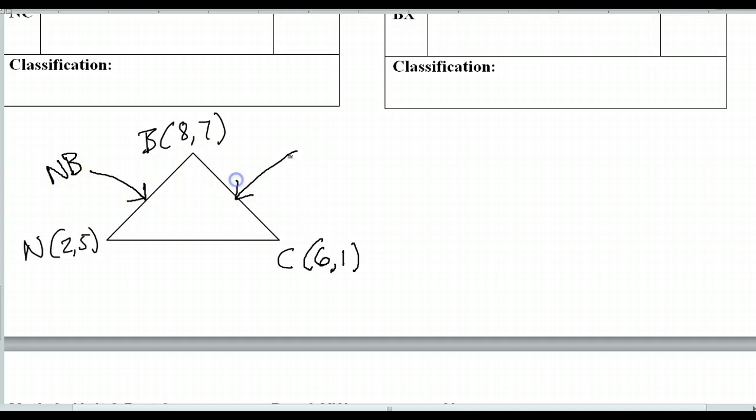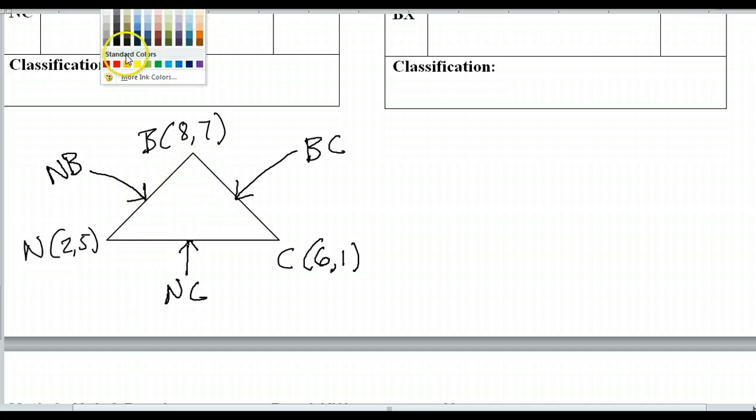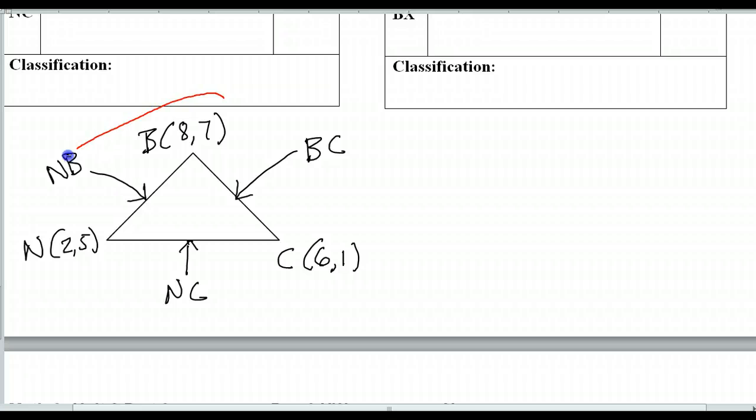This side right here is BC, and this side right here is from N to C. So this is length NC. If I want to find the length of side NB, I could use the distance formula using these 2 points, as my x, y, and my x, y.